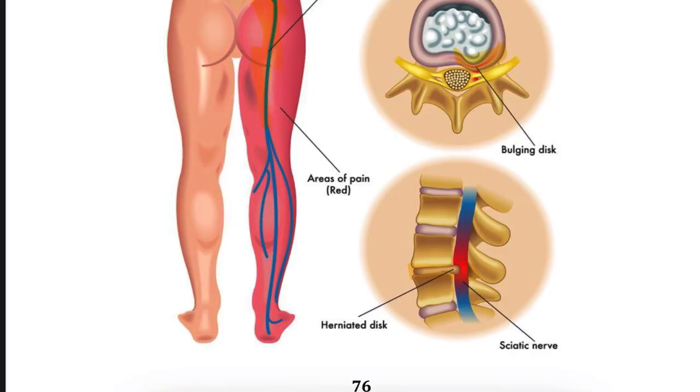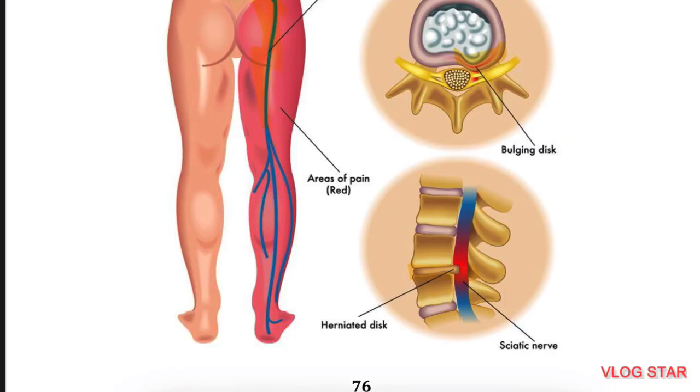Sometimes you can see classic S1 radiculopathy because of compression of the S1 nerve root, causing pain and numbness down the posterior thigh, calf and lateral foot. In thigh extension we can see gluteus maximus weakness, in knee flexion hamstring weakness, and in plantar flexion gastrocnemius weakness. If the ankle jerk reflex is absent, we have to think about these compressions.